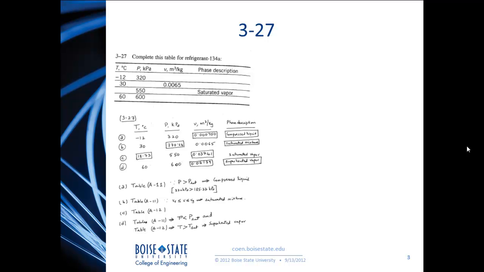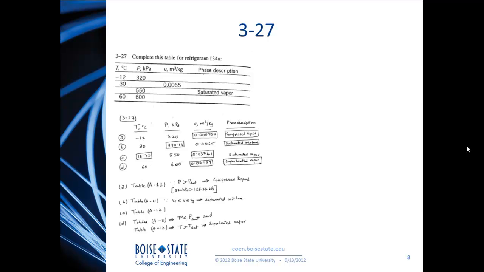Once you decide on this, then you can quickly find the specific volume at minus 12 C from table A-11, since pressure doesn't really affect the specific volume calculation.